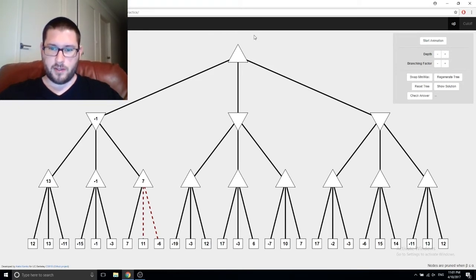Okay, so we need two values, alpha and beta. Now, when we start running the Minimax algorithm on this original node for the first time, we don't really know what the best or the worst possible values can be.